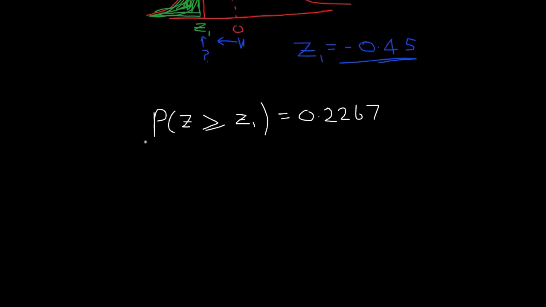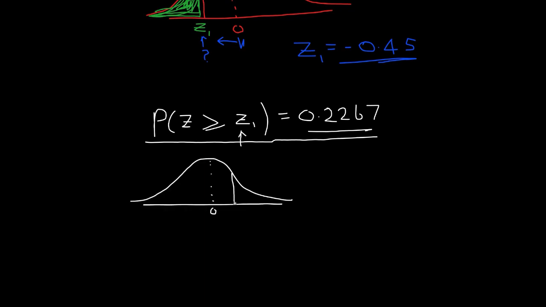The last example, probability Z greater than or equal Z1 equals 0.2267. Here we know the probability, which is the area under the curve, and we are looking for the Z1. This is the density curve, this is the Z1, and the area should be the greater than part.